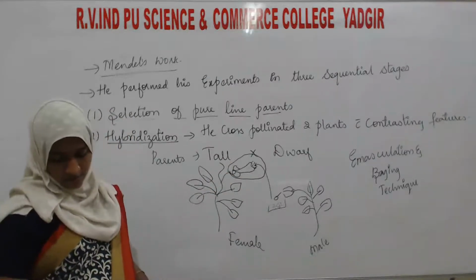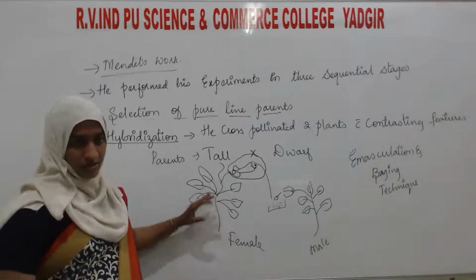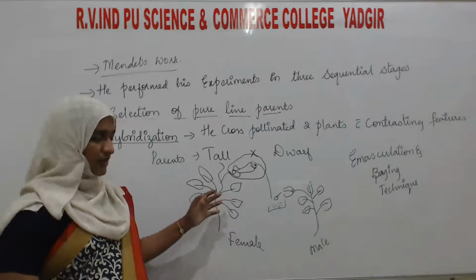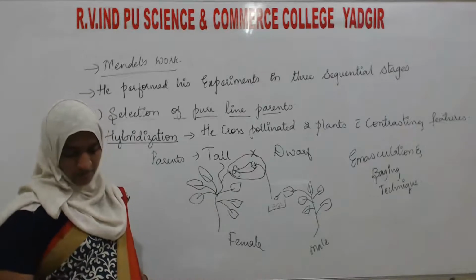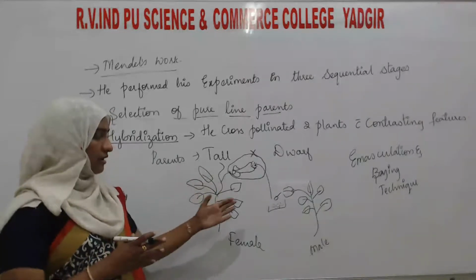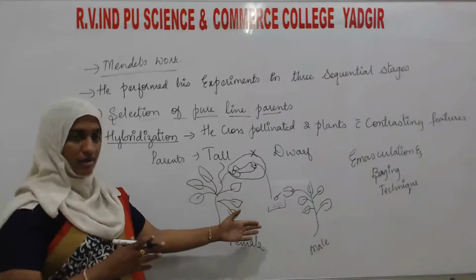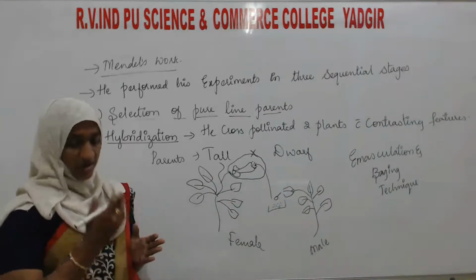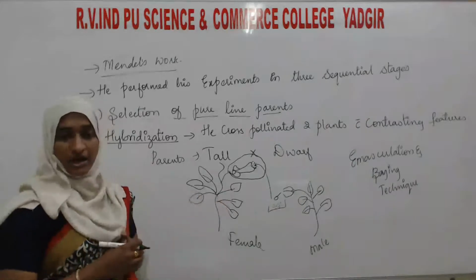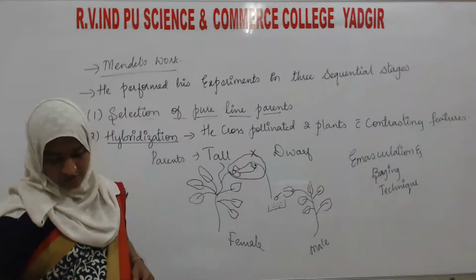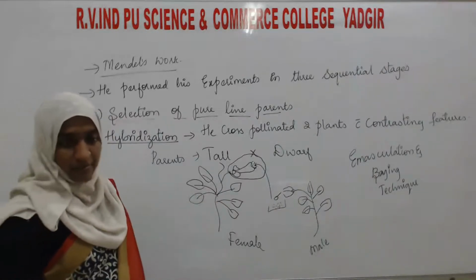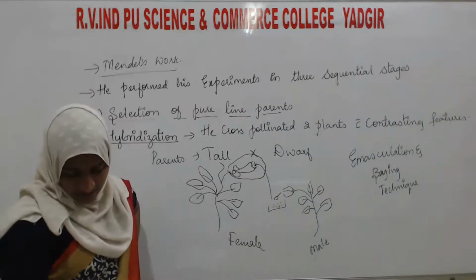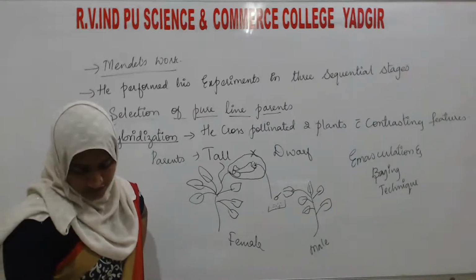So when the pollen of the dwarf flower is dusted on the tall flower, the stigma receives pollen from the dwarf flower. This flower is then covered with a paper bag to prevent contamination from other pollen sources.